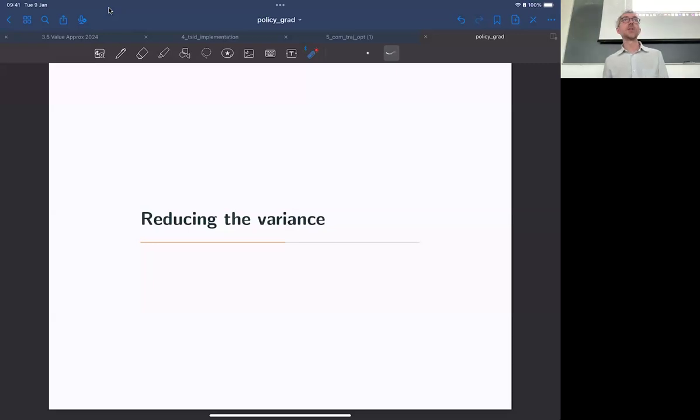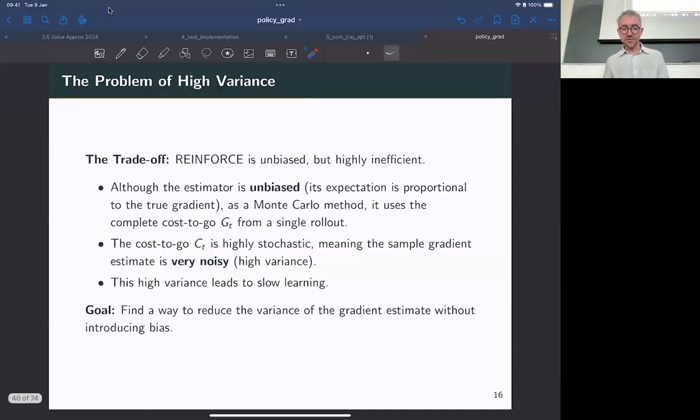Let's discuss now how we can improve on this REINFORCE method. Because REINFORCE is correct, meaning that it's an unbiased algorithm because the gradient estimate that it uses is unbiased. So if you sample infinitely many trajectories, you're going to get the exact gradient. But since it's a Monte Carlo method, we have seen that the problem of Monte Carlo methods is that they have a high variance.